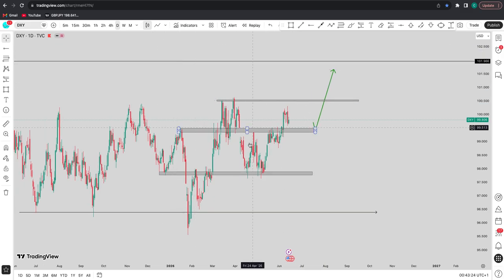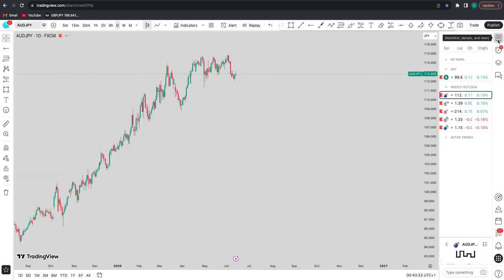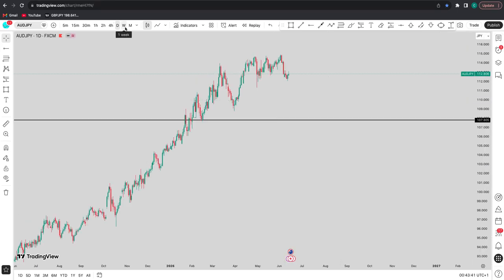Since we've already identified the direction of the DXY, let's get right into the weekly outlook. The first pair on our list is AUDJPY. Like I said last week, I'm still very much bullish on this pair.